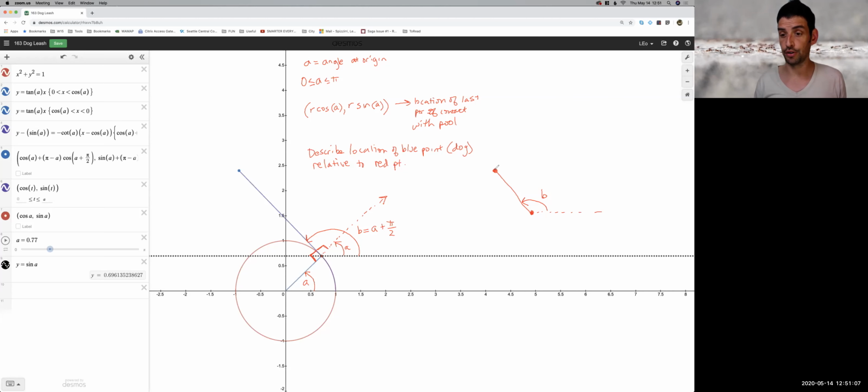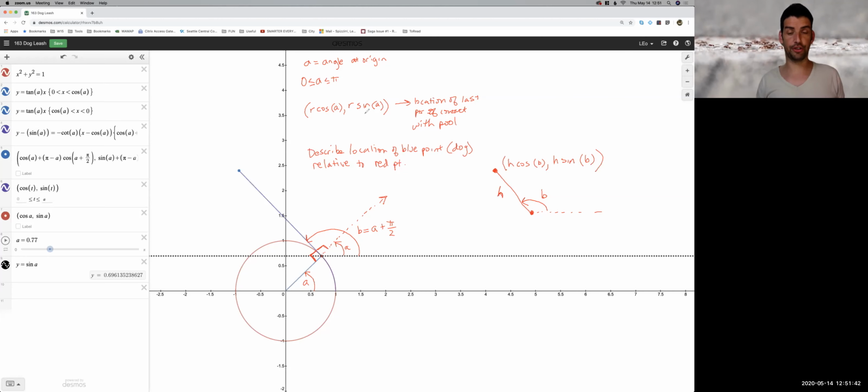If I want to know the location of a point, all I need to know, let's give a name to this length right here. I'm going to call this length H, it doesn't really matter, okay? So this length H, if I want to know the location of this point here, it's going to be H cosine B, H sine B, right?